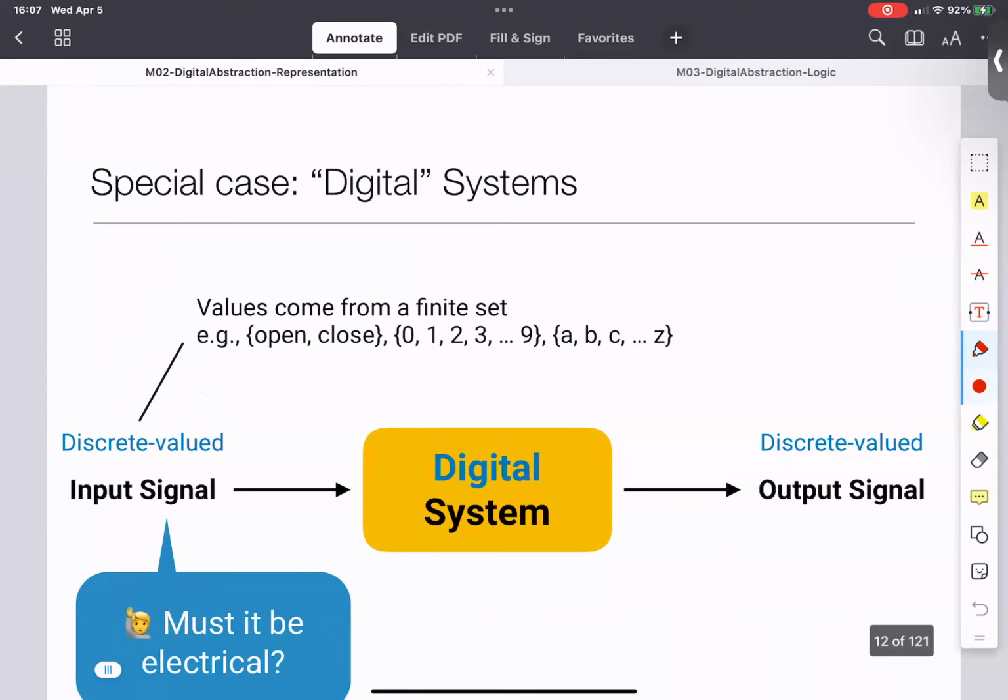Okay, so the other thing to remember is that, in this general picture, we start out with some arbitrary physical quantity of interest, and eventually we map it into the input signal, so I was saying bits. Our electrical computers tend to have 0, 1 values, but it doesn't need to be electrical.